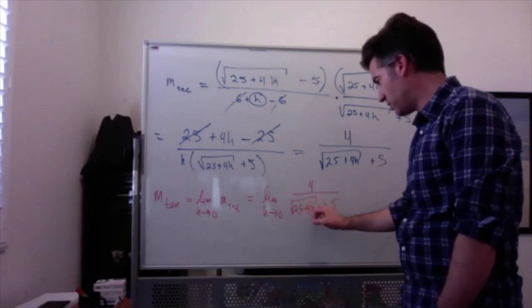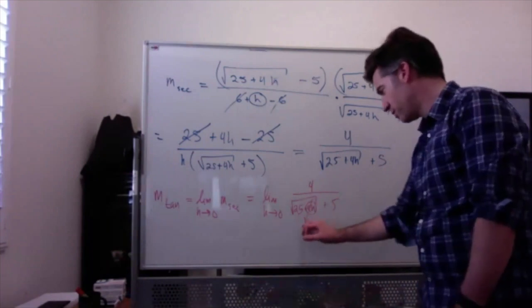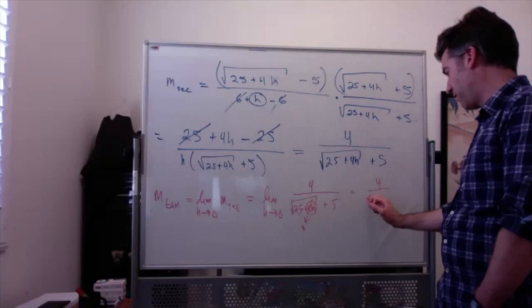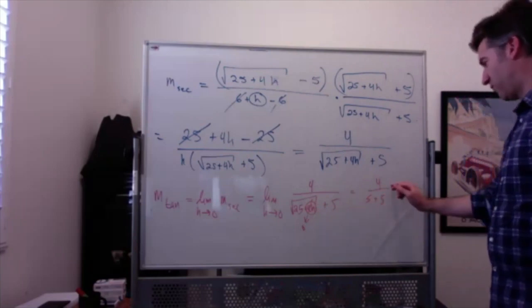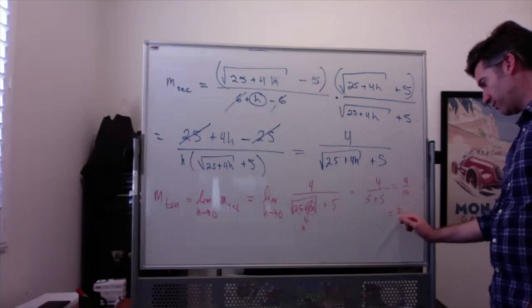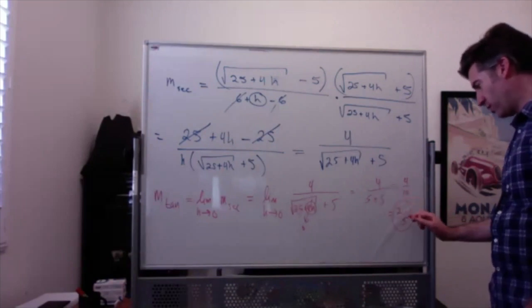So this part is just going to end up being 0. And you're going to get 4 over the square root of 25 plus 5. So that's 4 over 10, which is 2/5. Or 0.4, whatever you like.